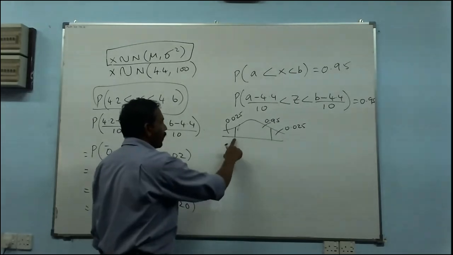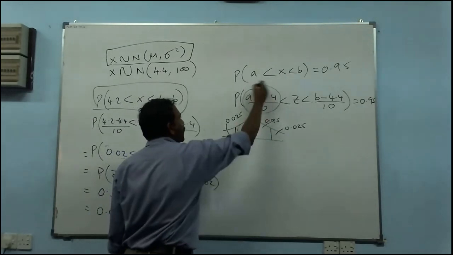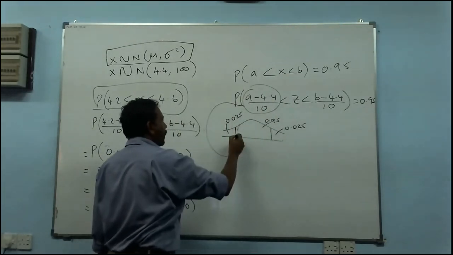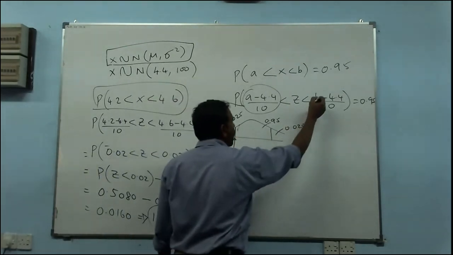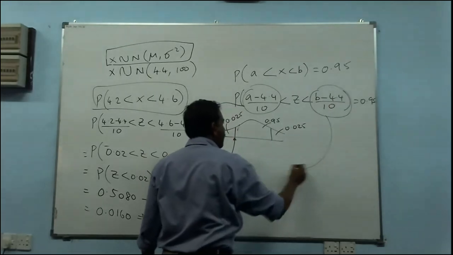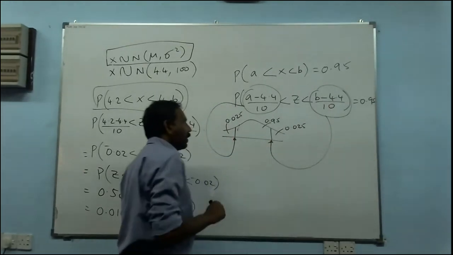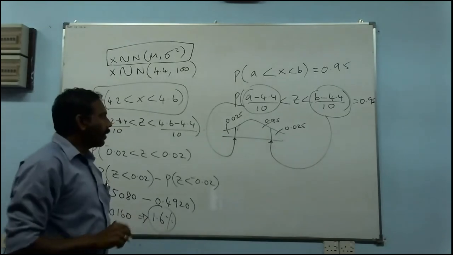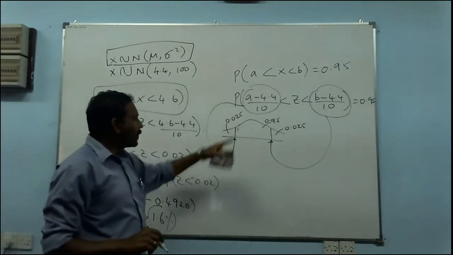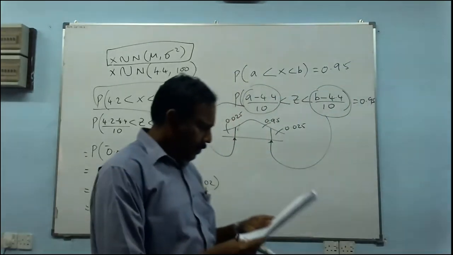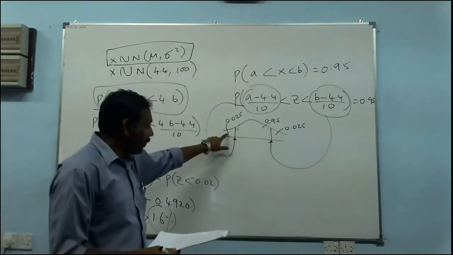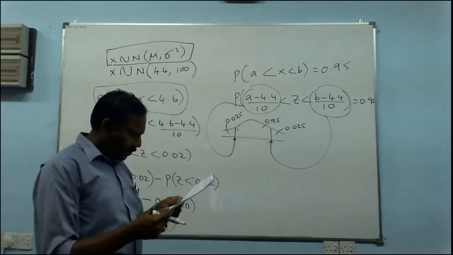Now, this is indicating the normal distribution, right? And this value is indicating the Z value there. So, can you find out the first Z value? 0.025 as a probability, yeah? P value 0.025.